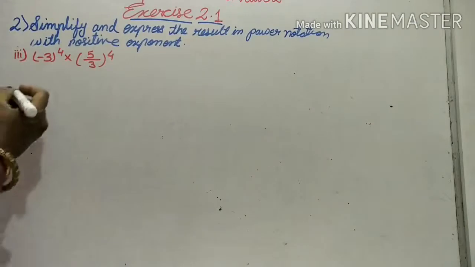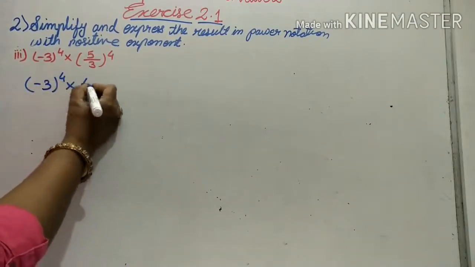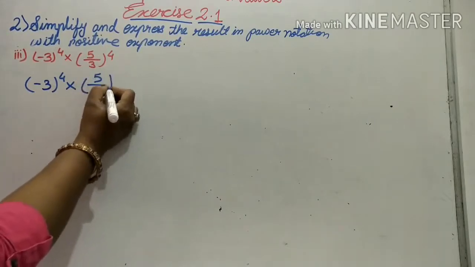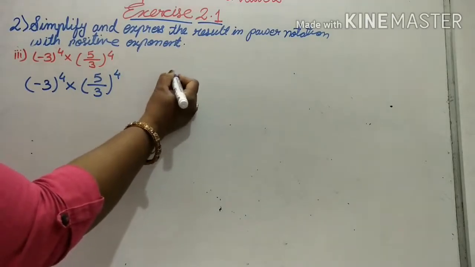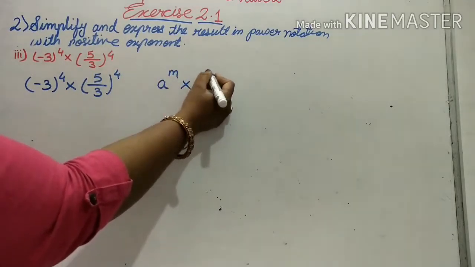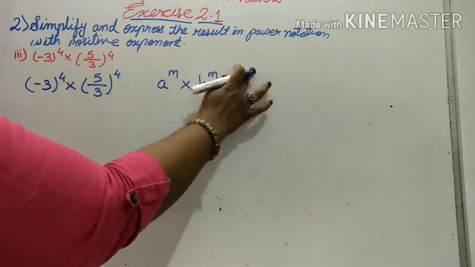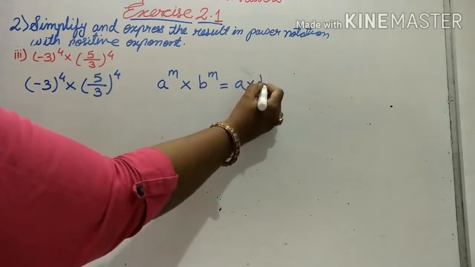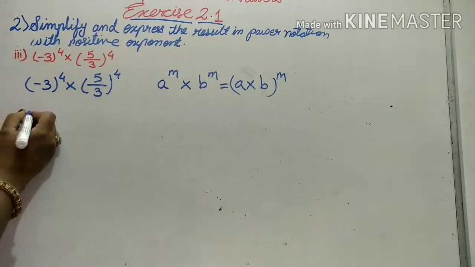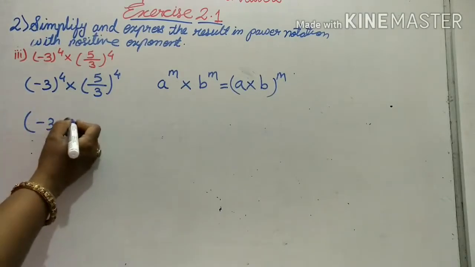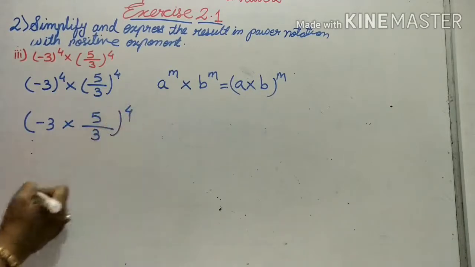The third question is minus 3 raised to 4 into 5 by 3 raised to 4. Here we'll use the law a raised to m into b raised to m is equal to a into b raised to m. Here it is minus 3 into 5 by 3, raised to 4.